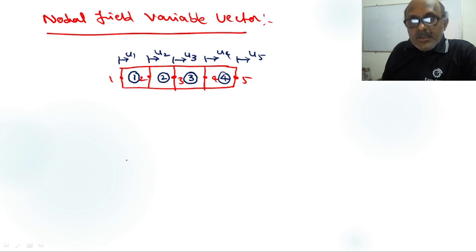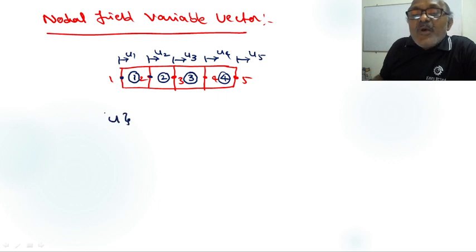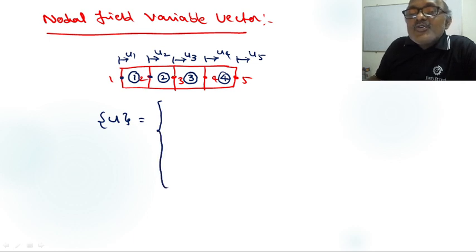So the field variables at nodal points are u1, u2, u3, u4, u5.